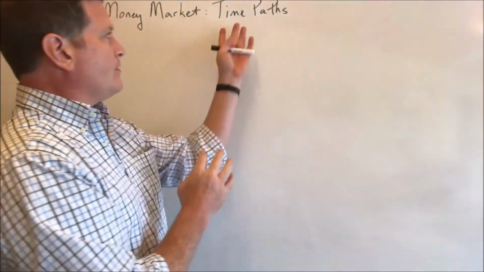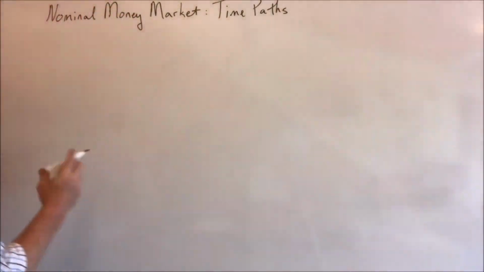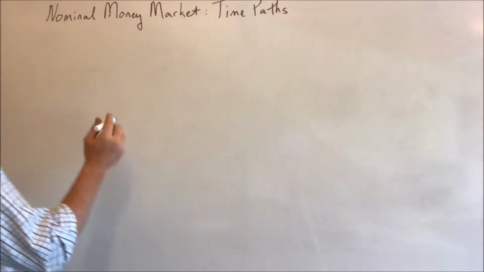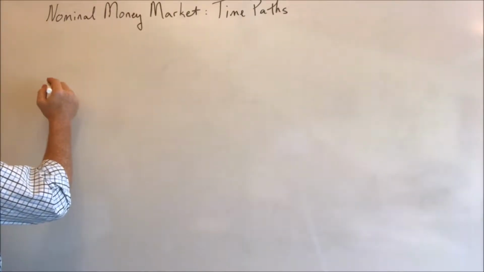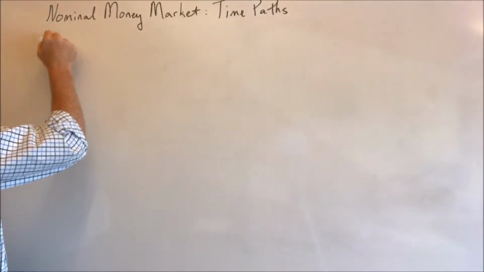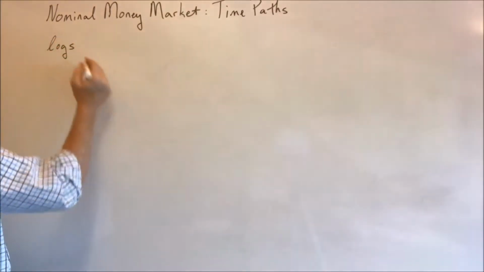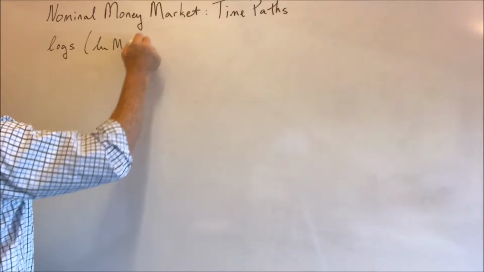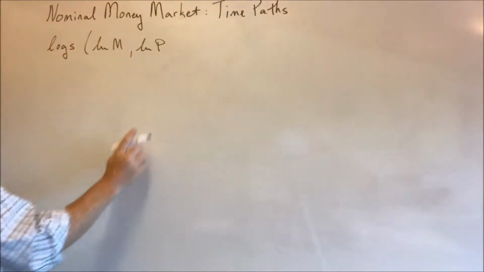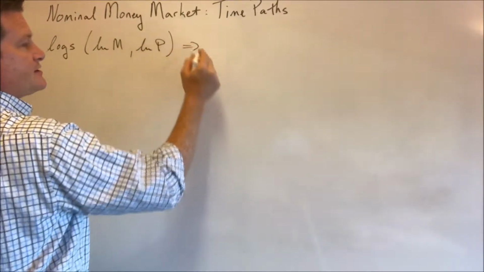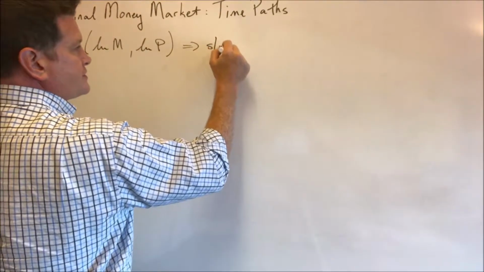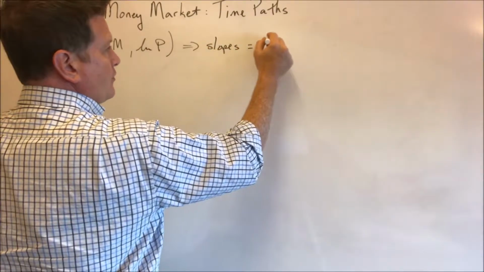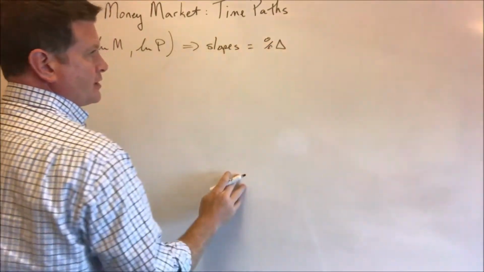So the first step to knowing how to do time paths is I'm just going to make a note. Technically, when we look at time paths, we like to use logs of variables, like the natural log of the money supply and the natural log of the price level, because it means the slopes equal percentage change.